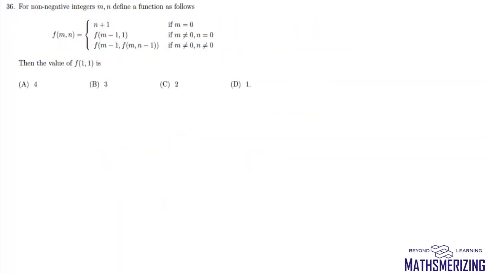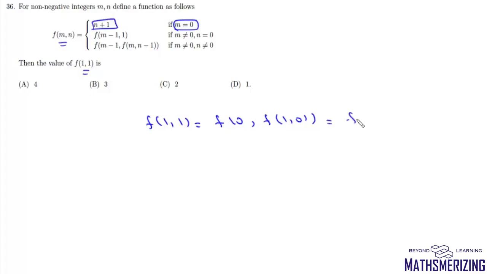Now question number 36 is, we are given this function f(m, n), we need to find the value of f(1,1). Now if we put m as 1 and n as 1, we'll get f(0, f(1,0)). Now when m is 0, we know that this is n plus 1.